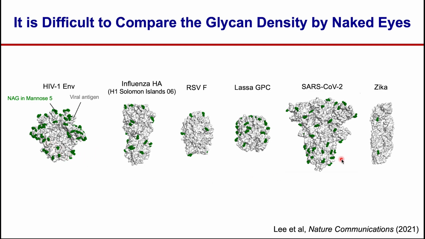By comparing SARS-CoV-2 versus Zika virus, for example, it's really easy to see which one is highly glycan covered or which one is low in glycan density. However, what is the glycan coverage comparison between Lassa GPC versus influenza virus? It is difficult to find out which one is higher in glycan density, or which region in a single structure is highly glycosylated compared to the other region.